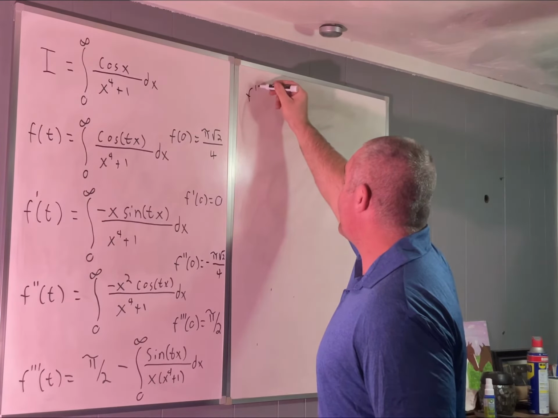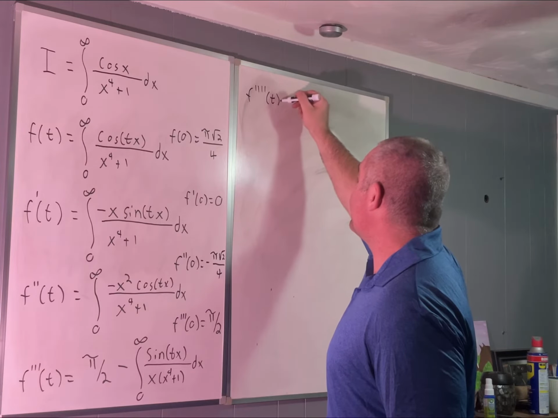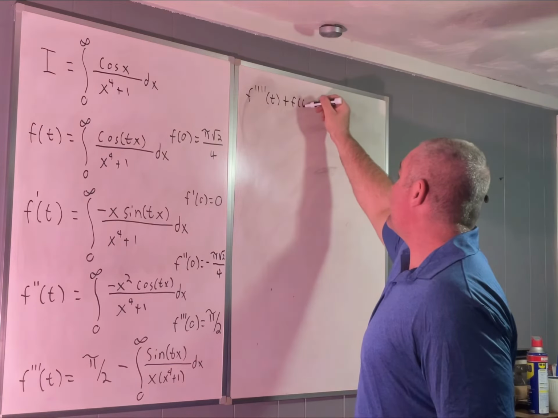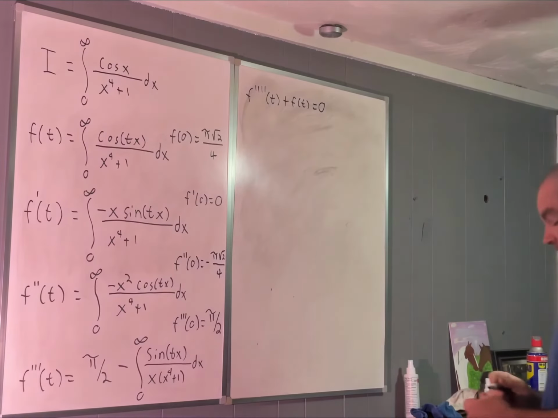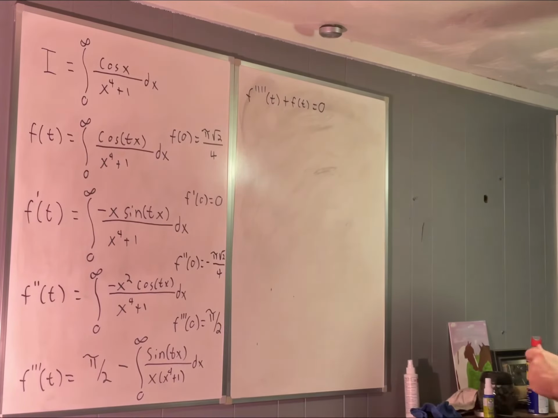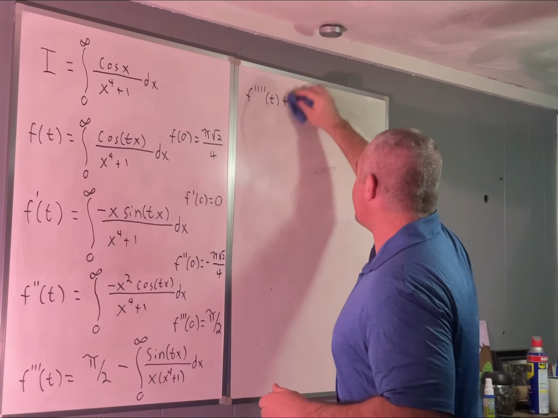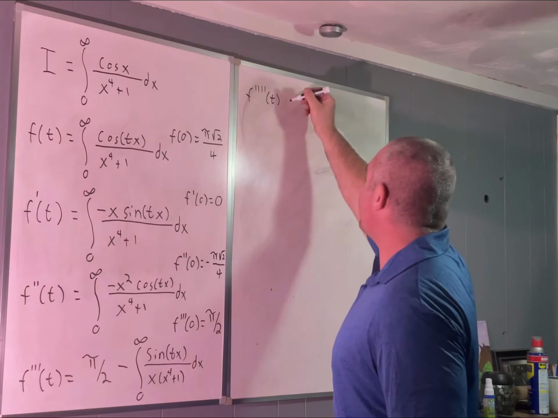F quadruple prime of t plus f of t is equal to 0. Or actually, I'm going to write it this way. It's equal to negative f of t.